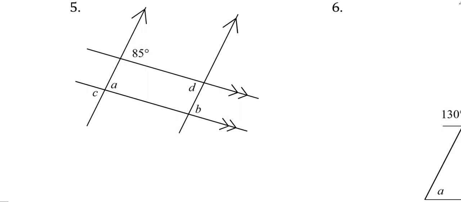A little tip is if you're not sure where to start, just look for any angle you can find and write it in there. And start writing in more and more angles can be really helpful.